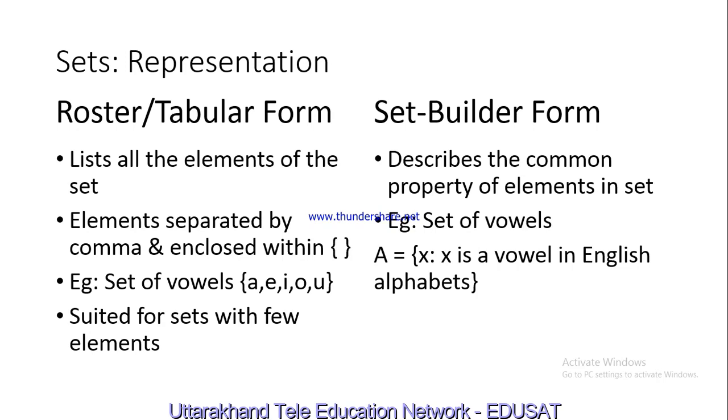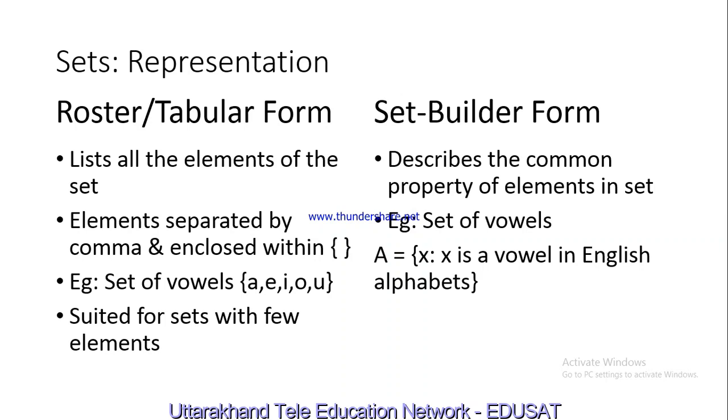So x, all the x's which are vowels in the English alphabet, they will be part of this set which is denoted by capital A. So you know all the vowels which are there in the English alphabet, A, E, I, O, U, and all of them would be part of this set which is denoted by capital A. And how do we say this?